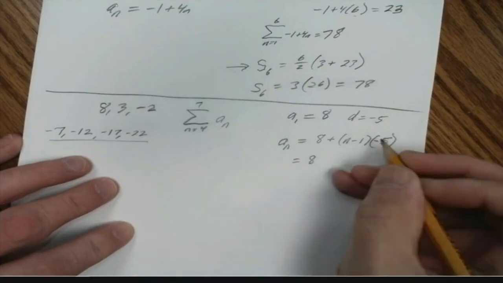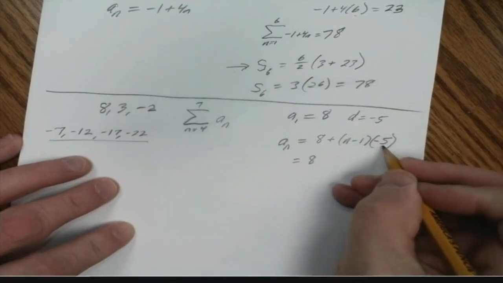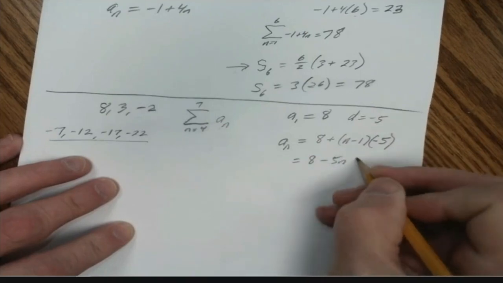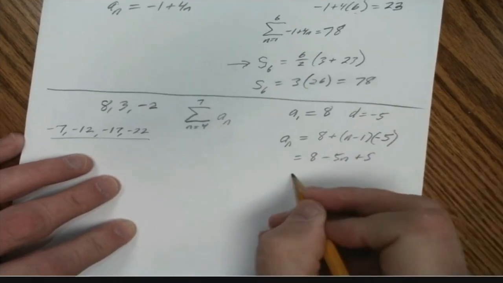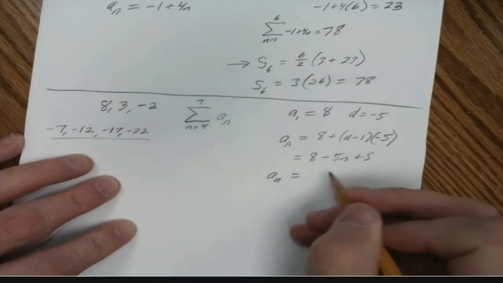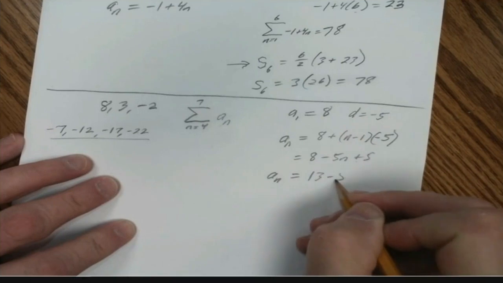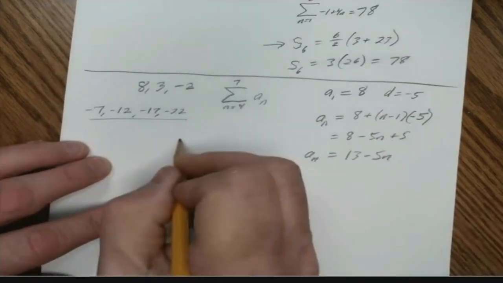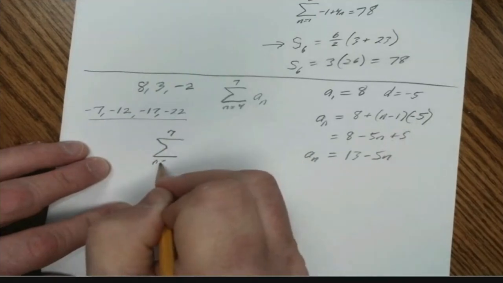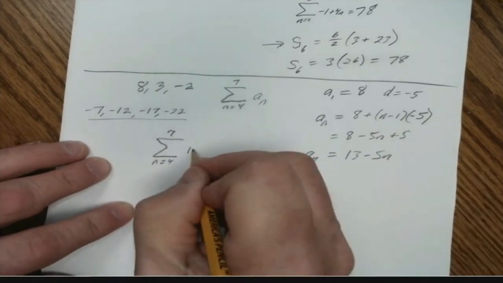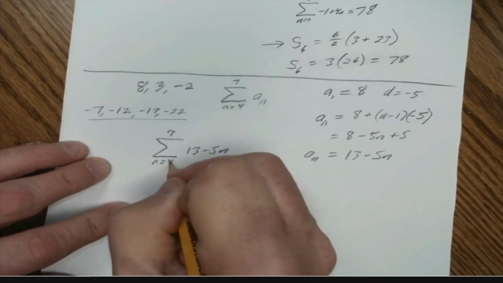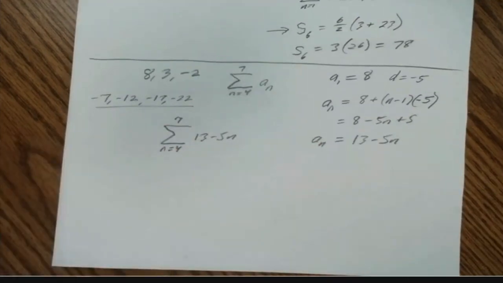So let's do that math. 8 plus n minus 1 times negative 5. That's negative 5n. Negative 1 times negative 5 is plus 5. So this simplifies A sub n to 8 plus 5, 13 minus 5n. So we're finding the sum from n equals 4 to 7 of 13 minus 5n, because that's what it simplified to.